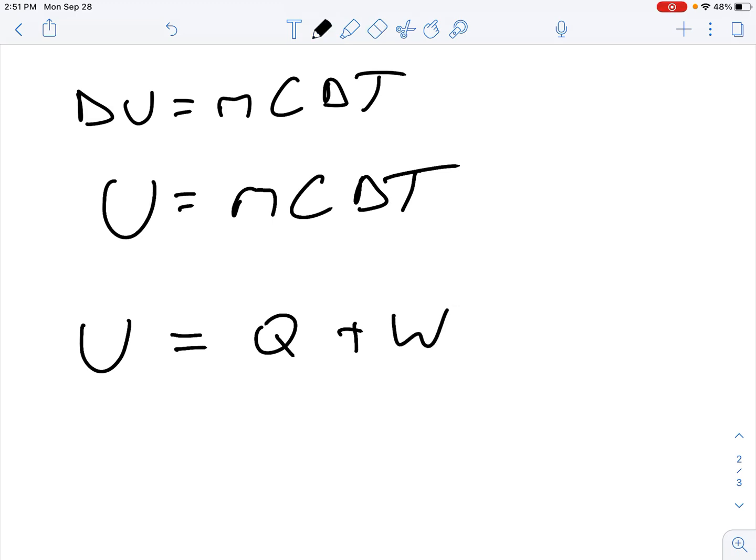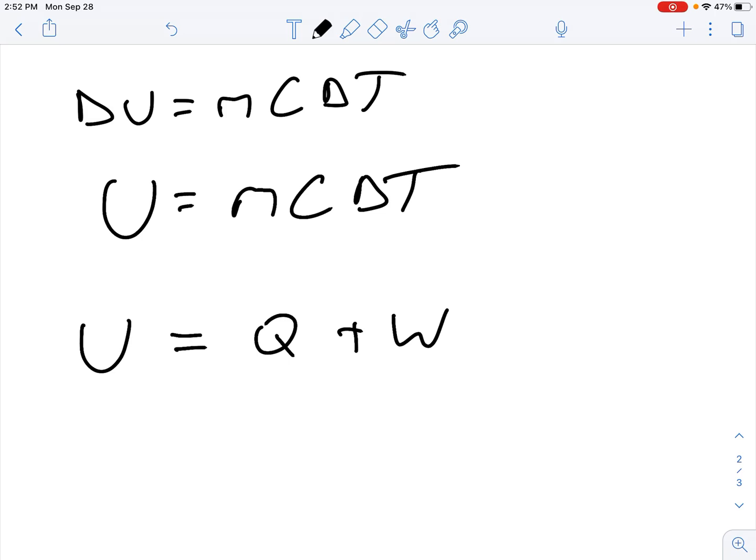So I can add or subtract heat, and that would be putting two things in thermal contact, like the hot air and the cold air in the classroom. The other way is I can literally do work on an object. Okay, I can do work on an object, in which case I'm applying forces through some displacement, energy is being dumped into that object. I can have the object do work, in which case the object is losing energy by doing work.